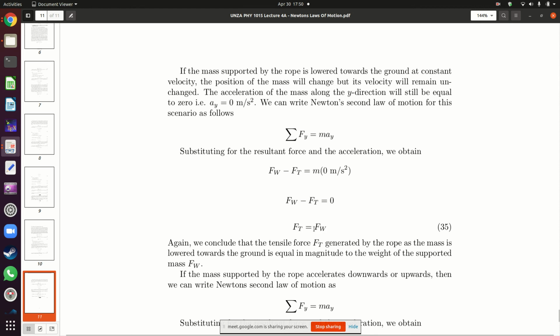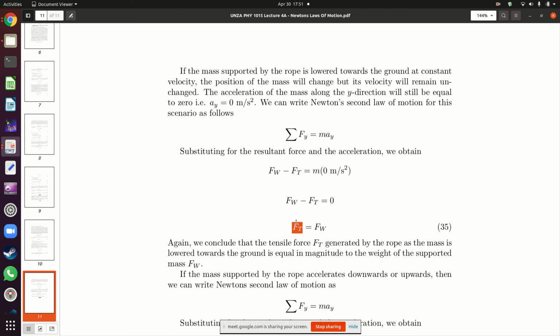Okay, so that's what it is. The tension would depend on what the weight is. So with the same cable, depending on what mass you attach to this cable, it will try to generate a force, a tension force, a tensile force, which is equal to the weight.